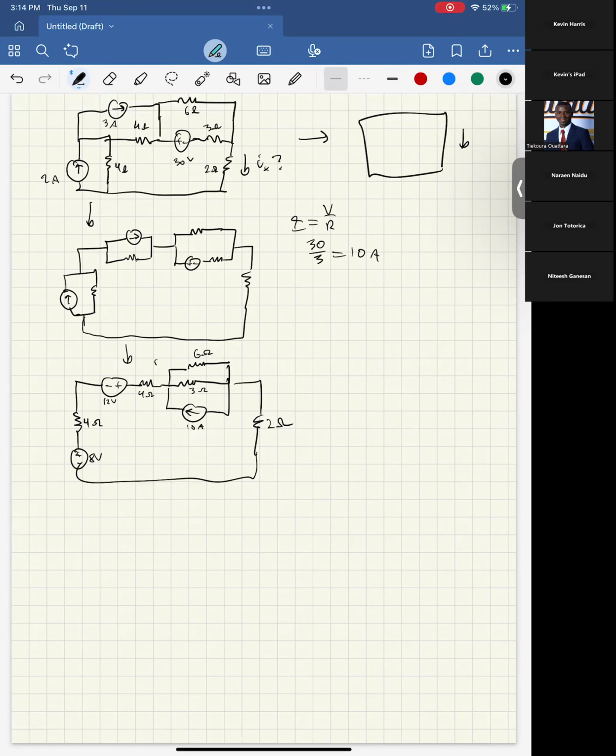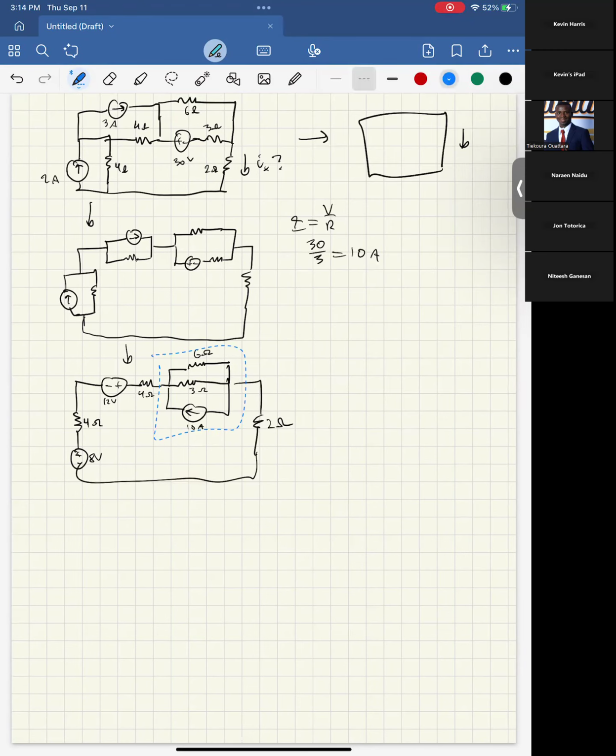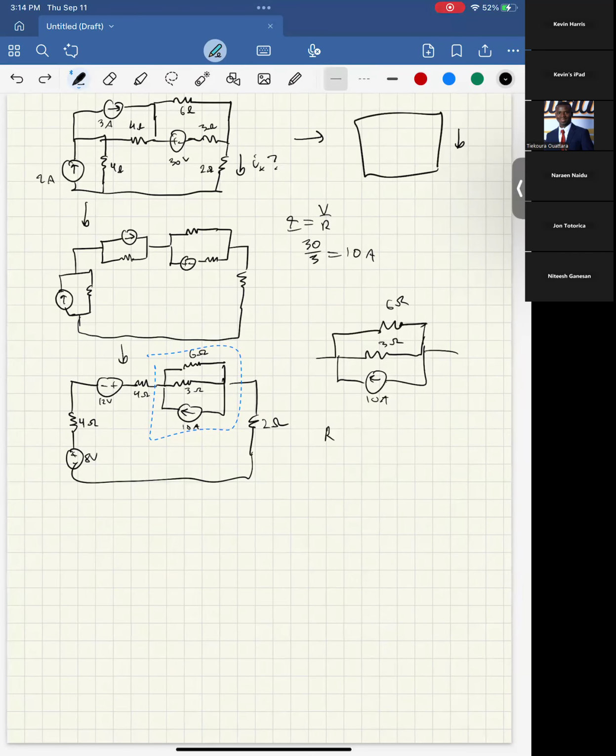If we just look at this part in isolation, we have 2 resistors in parallel with a current source pointed that way. This was 6 ohms, this is 3 ohms, 10 amps. And these two can be combined the same way we showed before.